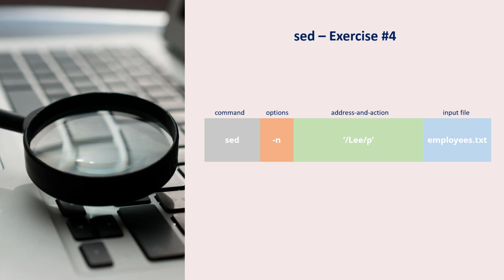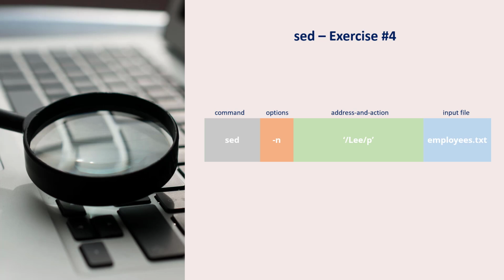So in context addressing, instead of specifying lines like, for example, 2, 5, we specify a pattern. This pattern could be a simple string or a complex regular expression. In this example, we'll use a simple string. This pattern is enclosed between two forward slashes.